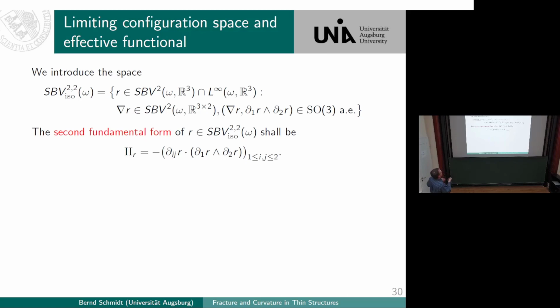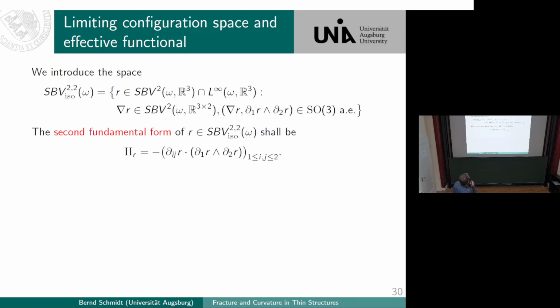We also assume it's bounded. SBV² just means that this absolutely continuous part is square integrable, and also that the length of the crack is finite, and that this absolutely continuous part of the gradient is itself an SBV function.